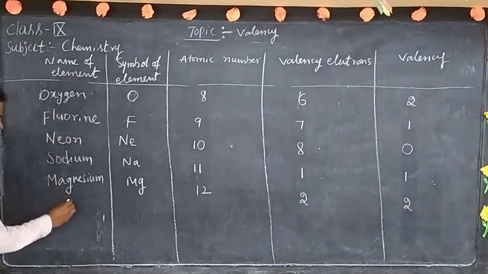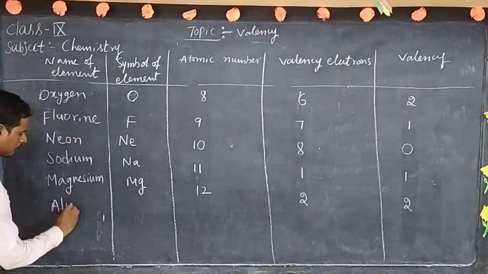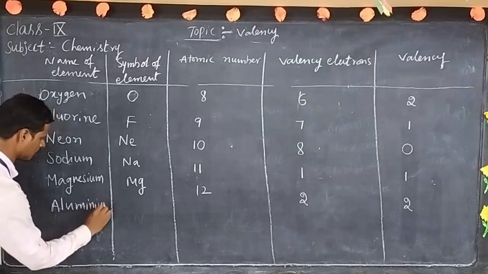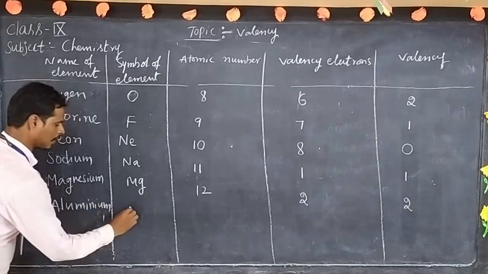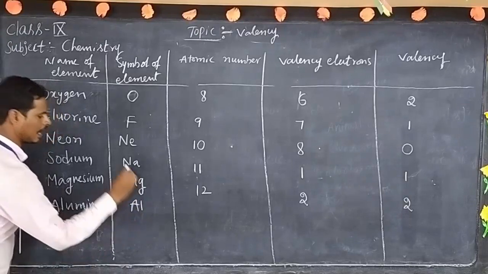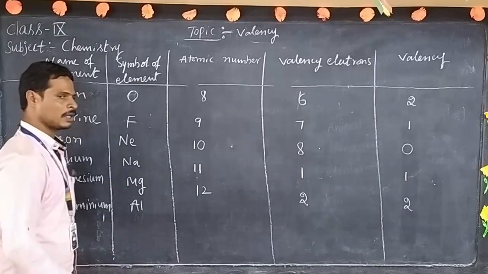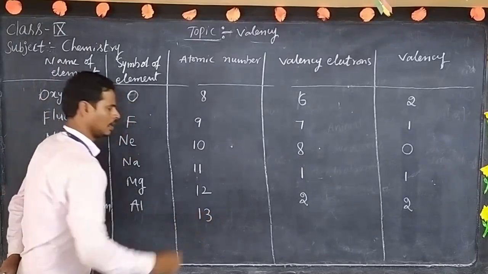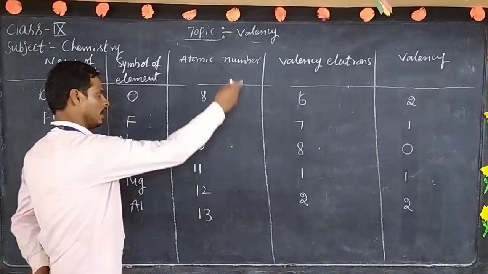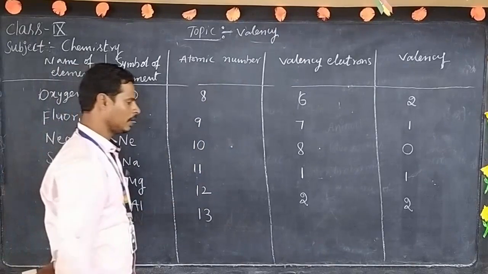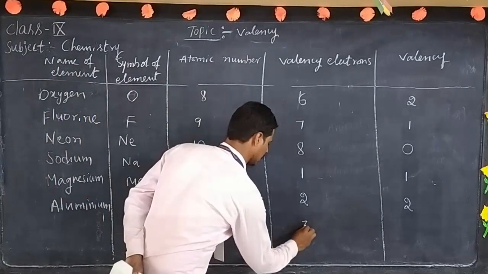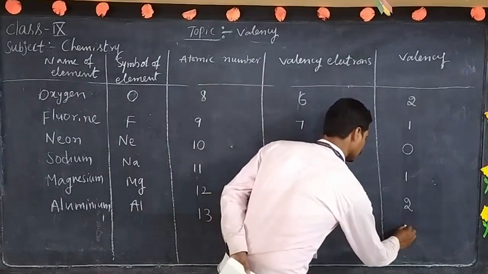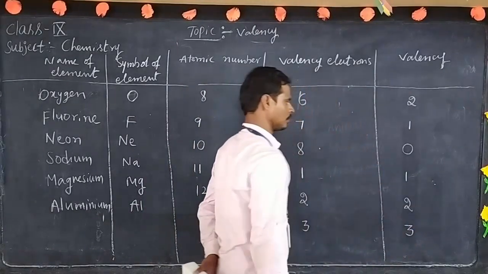Next, name of element aluminium. Symbol of aluminium Al. Atomic number of aluminium 13. Valence electrons present in aluminium 3. Valency of aluminium 3.